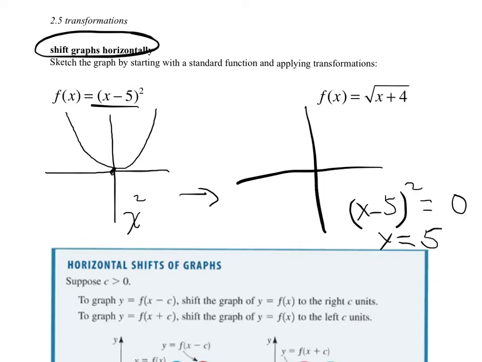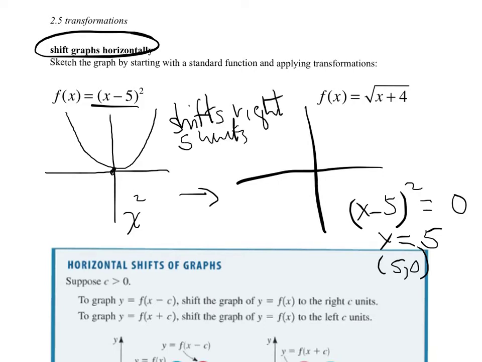So 5, 0 is the new x-intercept. So the graph actually shifts to the right. Shifts right 5 units. So the new graph is going to have x-intercept right here at 5, 0.